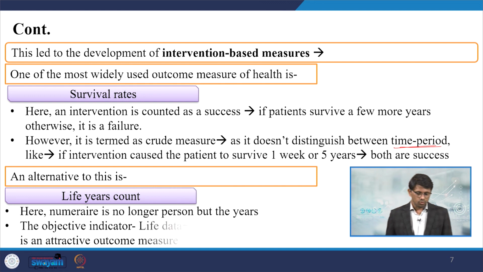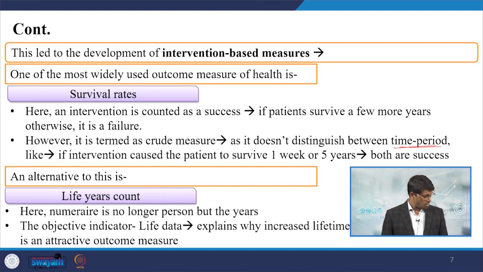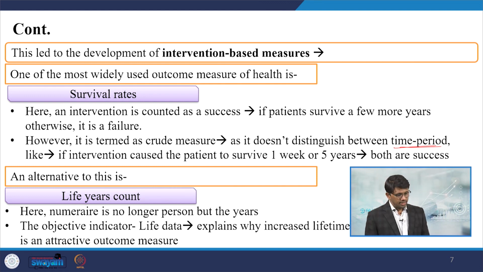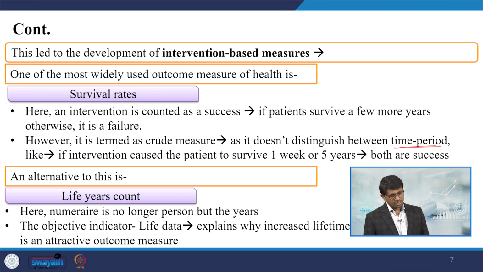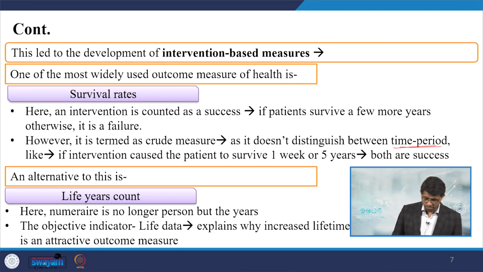An alternative to this is the life years count. Here it differs from the survival rate, where something is missing. I am just mentioning that the numerator in the life years count is no longer persons, but the emphasis is on years.